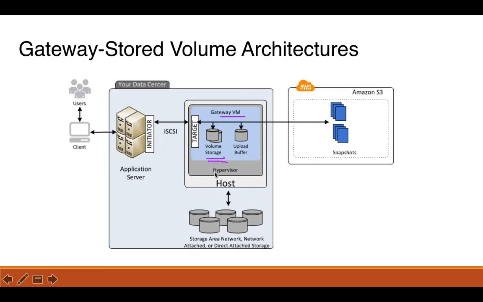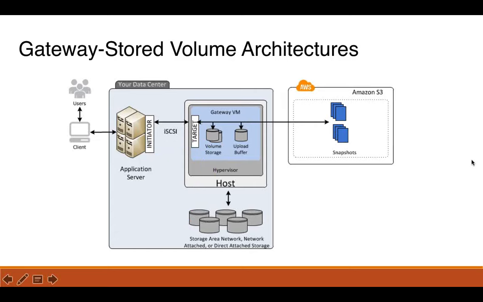This volume storage is directly mapped to your local disks in your data center. Whenever the application server writes data to this volume storage, the volume storage puts the data into your local storage options in your data center. If the application server wants to read data, the volume storage picks the data from this local storage and gives it to the application server.